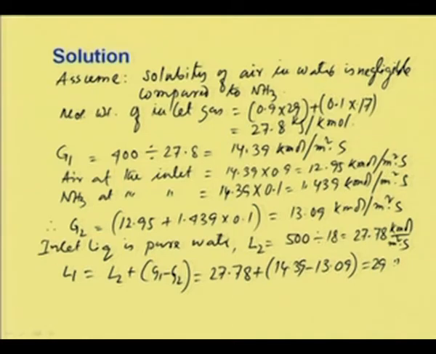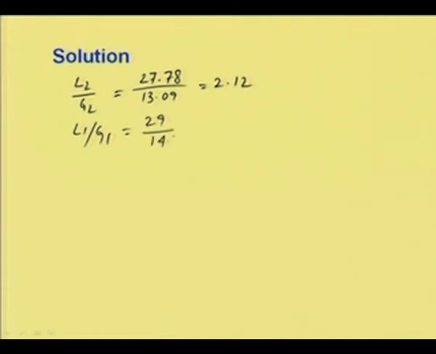So, if we compare the liquid flow rate at the top and bottom of the tower, we can calculate L 2 by G 2, which would be 27.78 divided by 13.09, which is equal to 2.12, and L 1 by G 1 would be 29 divided by 14.39, which is equal to 2.02, and the average would be 2.12 plus 2.02 divided by 2, which is around 2.07.